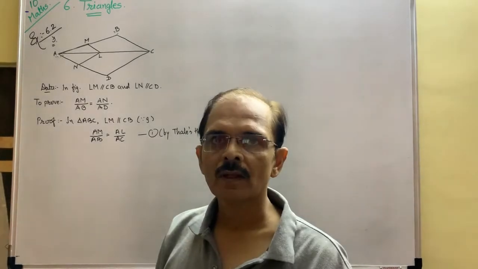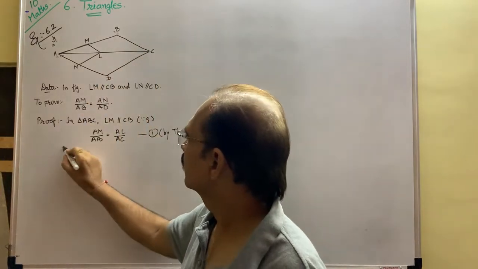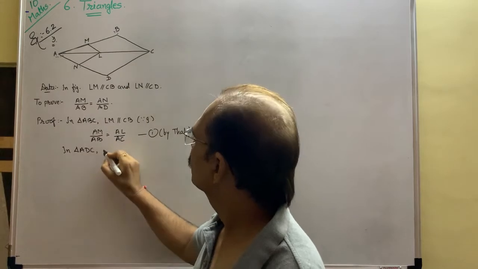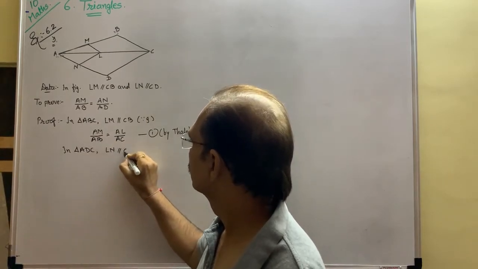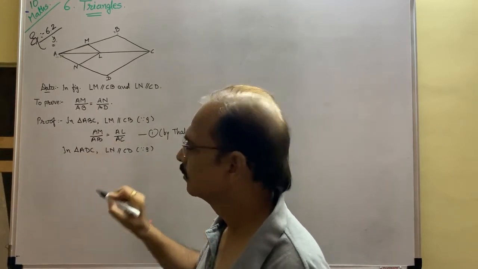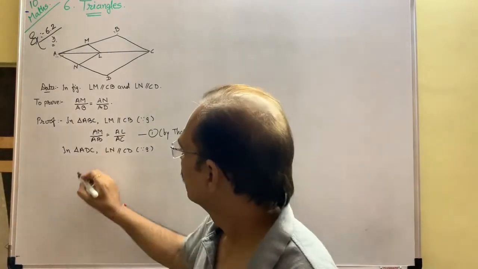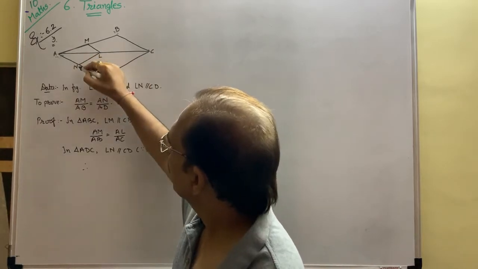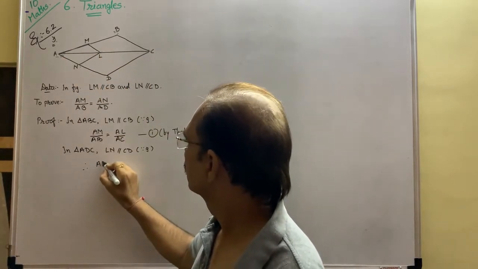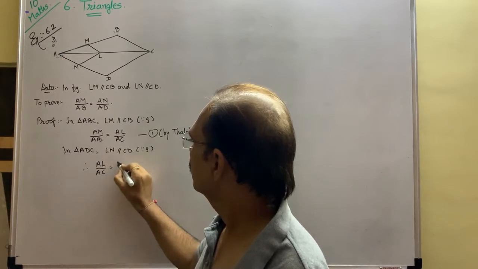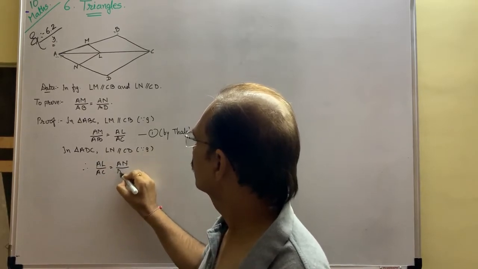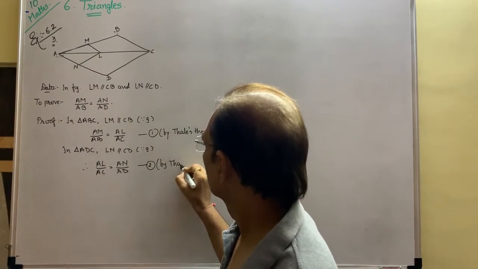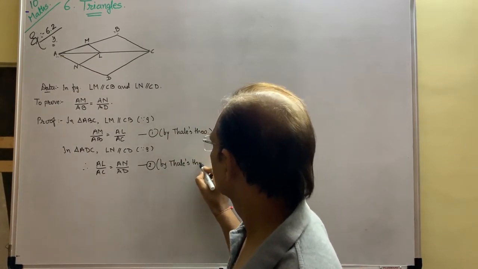Is it okay? Now take another triangle ADC. In triangle ADC, LN is parallel to CD, given. Therefore, AL upon AC is equal to AN upon total AD, again by Thales theorem.